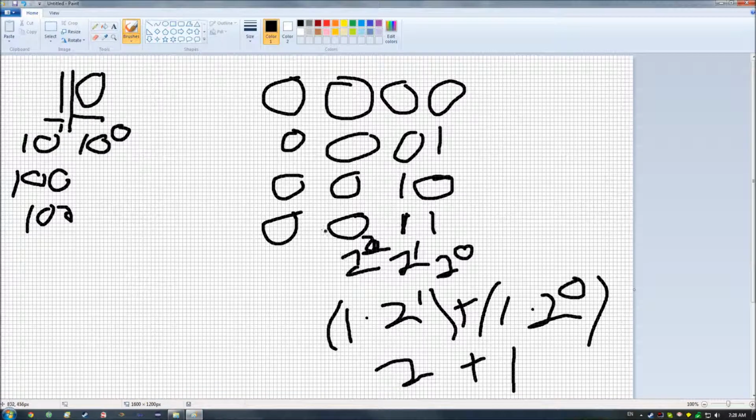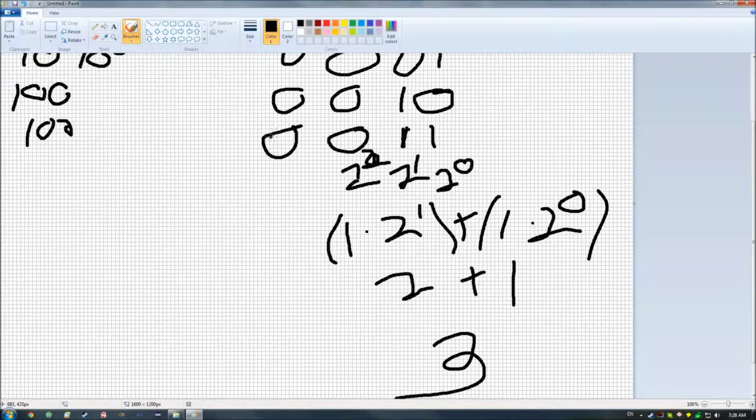And you can just do that even if, let's say, I had a 1 over in this digit as opposed to a 0. Then over here we would have 2 to the 3.